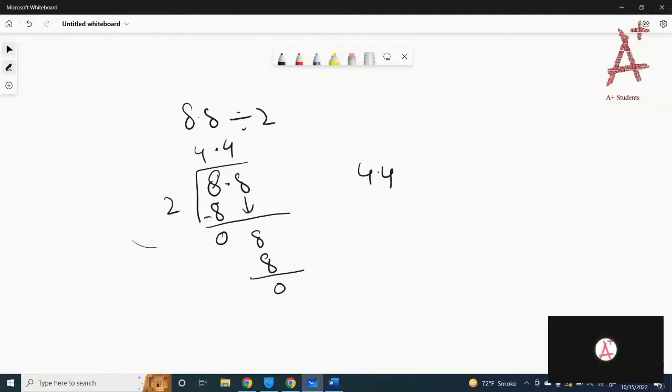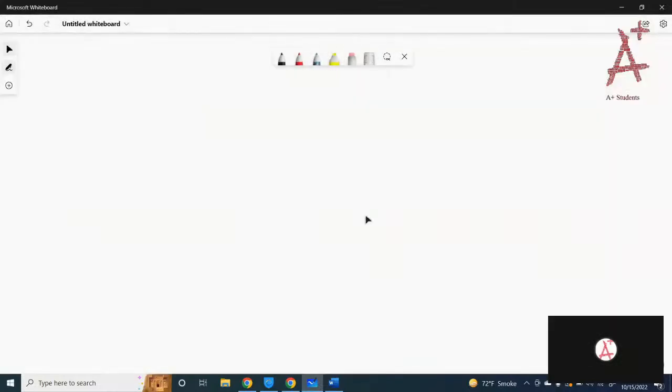Got it? Okay, the next one is divide decimals by whole numbers, not multiply.